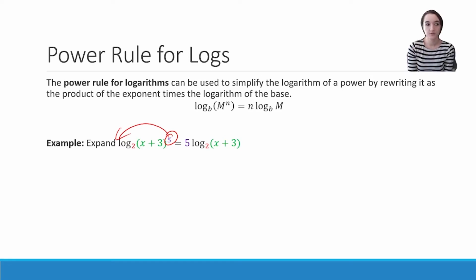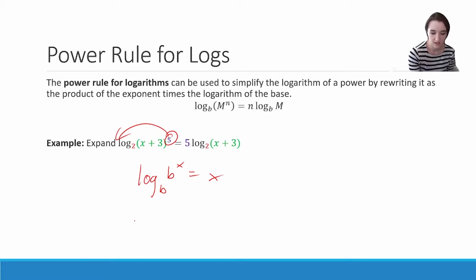Now, this is all of the basic properties that we have for logarithms. Power, quotient, product, and then remember the real basic properties we learned in the previous chapter about simplifying: log base b of b to the x is equal to x, and log base b of 1 equals 0. So we want to remember these properties.